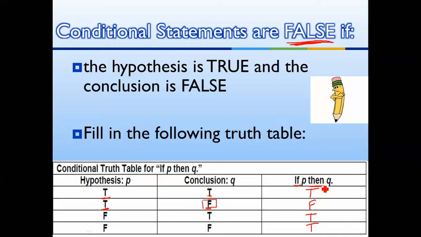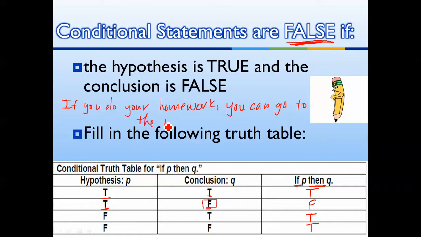Now let's think about why this is. Suppose our conditional statement is, if you do your homework, you can go to the movies. Okay, so that's what I tell you. I tell you, if you do your homework, then you can go to the movies.